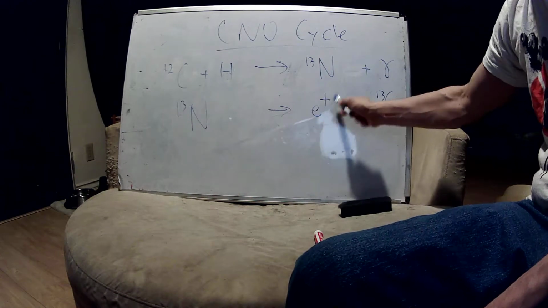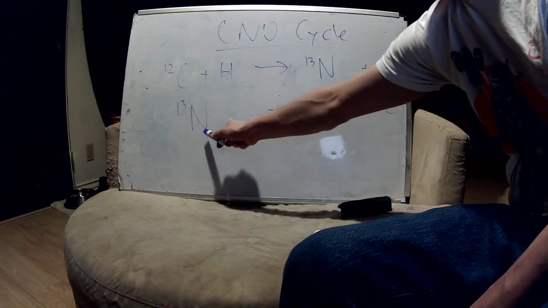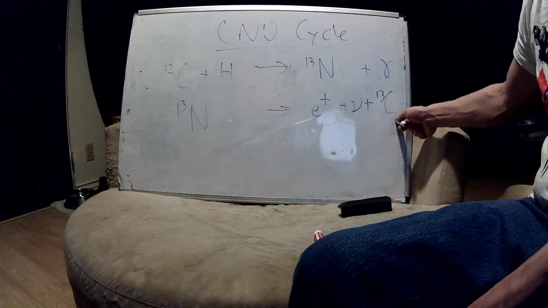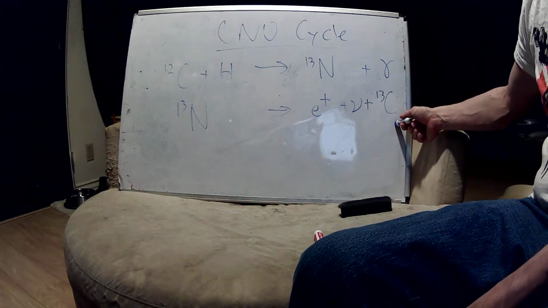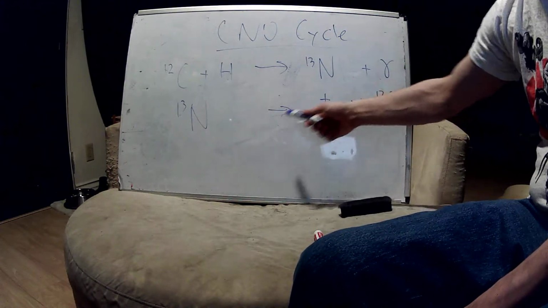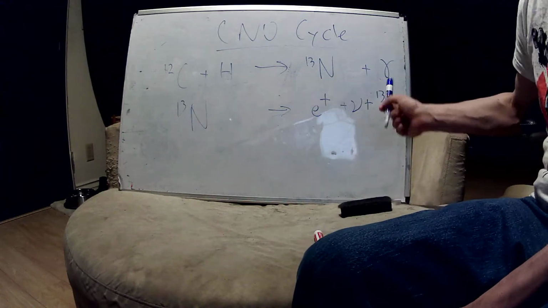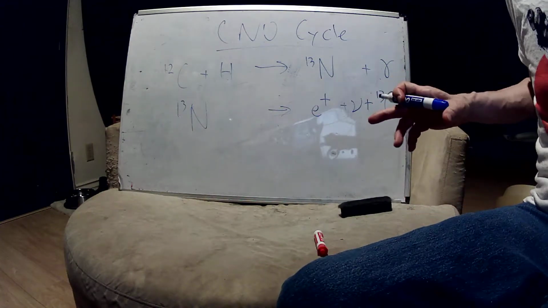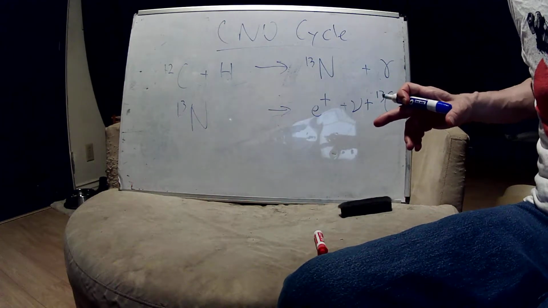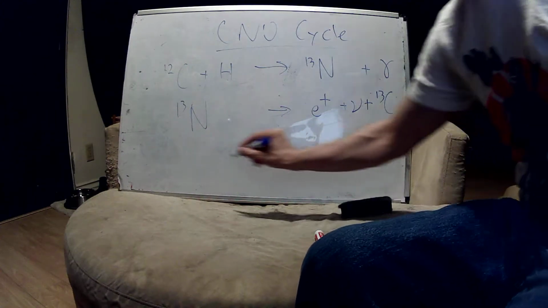It's going to spit out a positron, and that proton is going to become a neutron. And so we're going to go now from nitrogen to carbon, even though we have the same mass, right? 13 atomic mass units. Interesting, right?